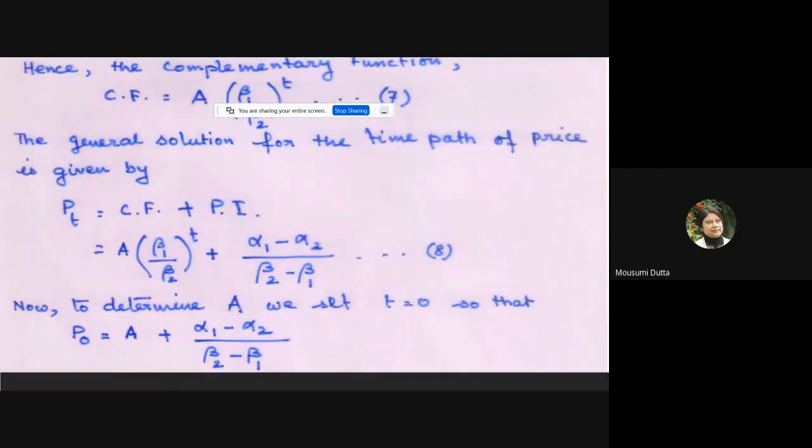Very good. Hence, the complementary function becomes CF is equal to A beta 1 by beta 2 to the power t, which is equation number 7.